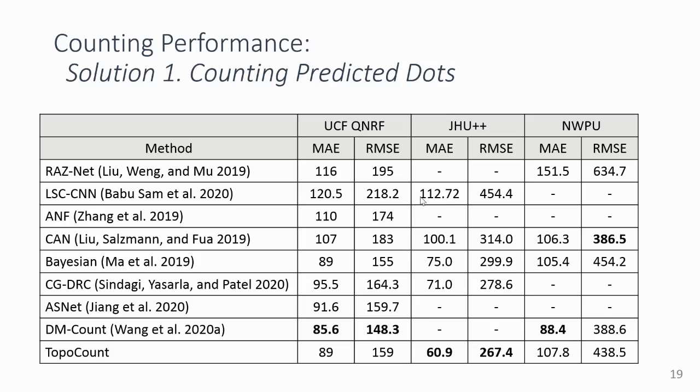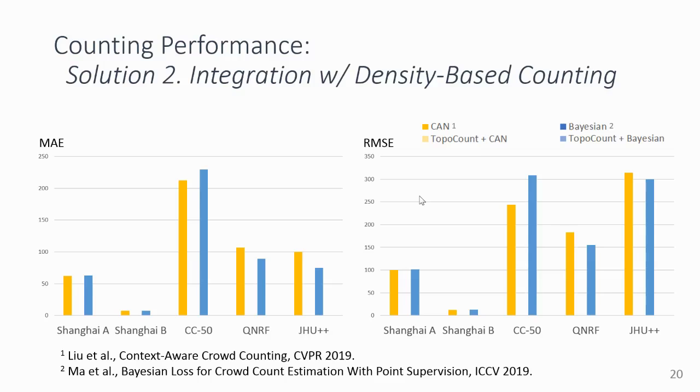We first show the performance of the trivial solution of counting the number of predicted dots. We find that we beat the state-of-the-art on the JHU++ dataset and achieve close performance to the state-of-the-art methods on the other datasets. For the integration solution, we integrate with two of last year's state-of-the-art density map-based methods, namely context-aware crowd counting and Bayesian loss for crowd count estimation.